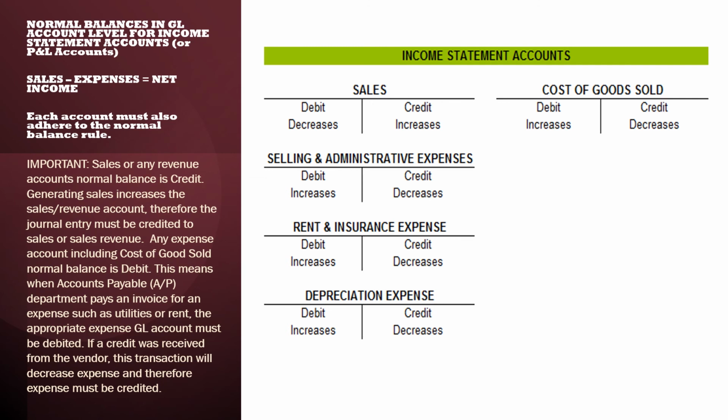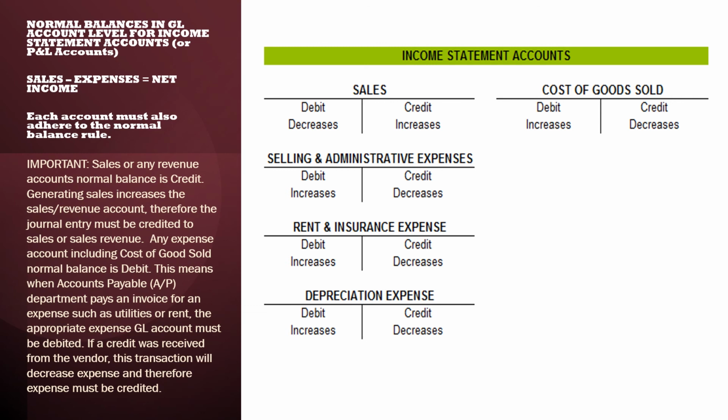Okay, so again, just want to reiterate here that your net income is calculated by taking your sales total right here. Sales less expenses is equal to your net income.